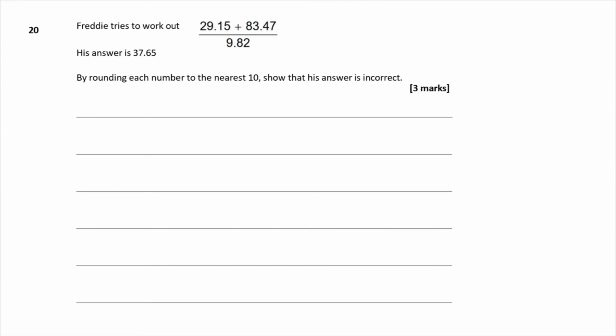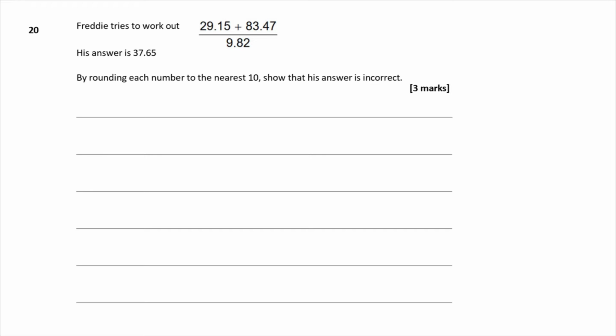Question 20. Freddie tries to work out 29.15 plus 83.47 divided by 9.82, and he gets the answer 37.65. By rounding each number to the nearest 10, show that his answer is incorrect.